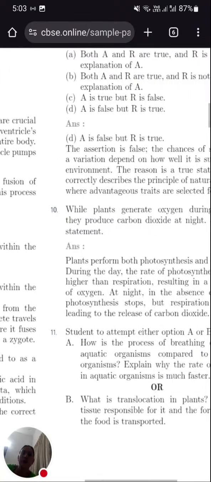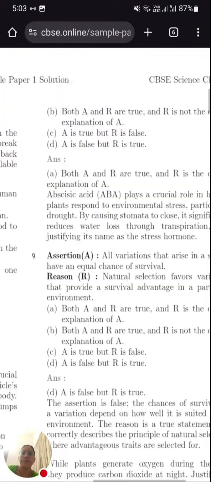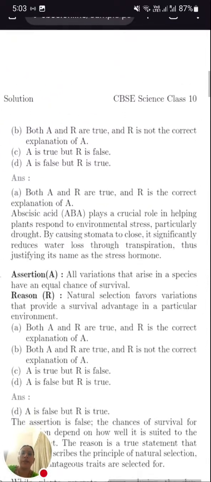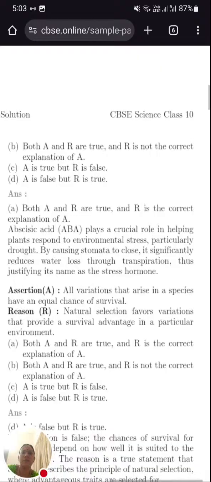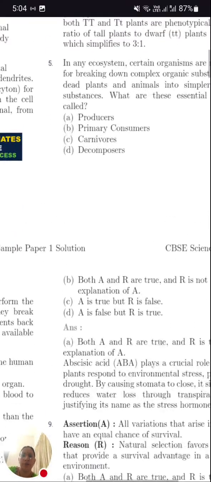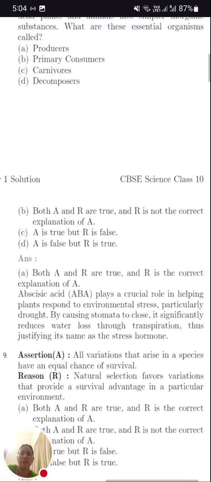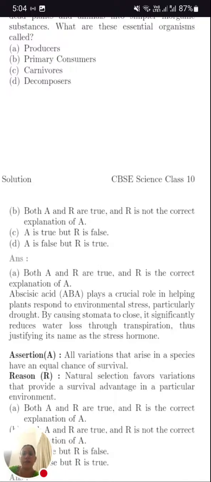Now the assertion on abscisic acid. So let's move with the solution here. Both A and R are true and R is the correct explanation of A. Okay, let's read this once.